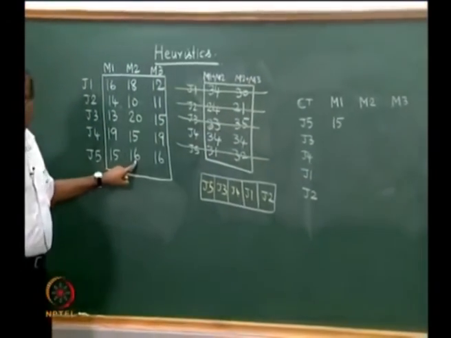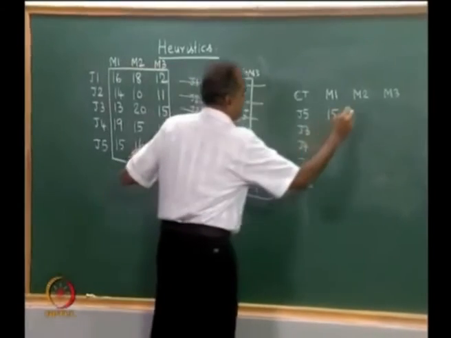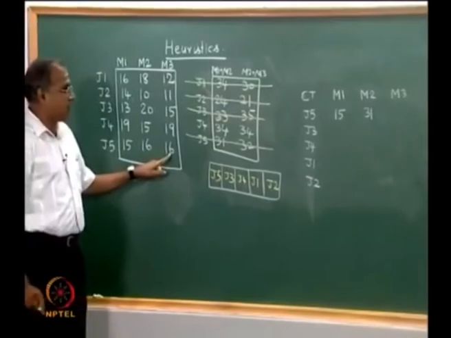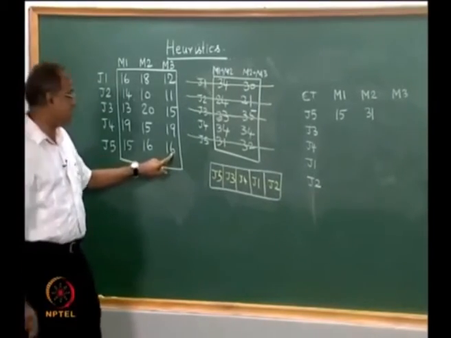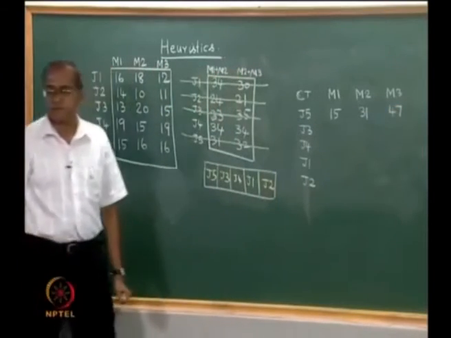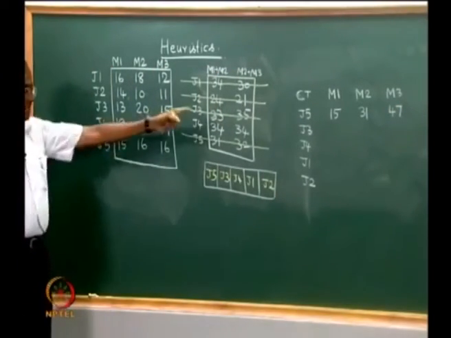Now, the make span associated with this is J5 starts at 0 and finishes at 15. At 15 it goes to M2, comes out at 31, 15 plus 16, 31. At 31 it goes to M3, takes another 16 and comes out at 47. Now, J3 is the next one.